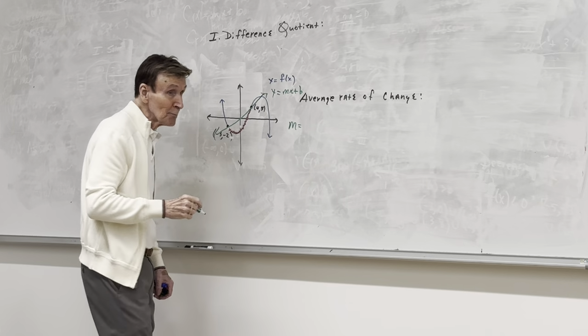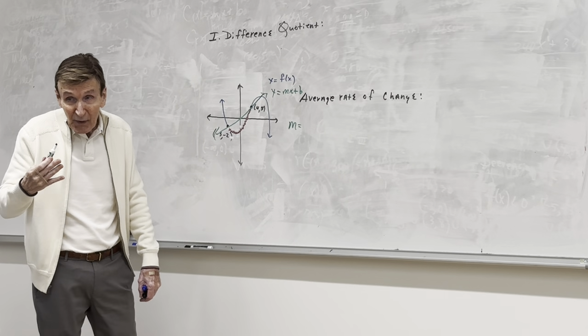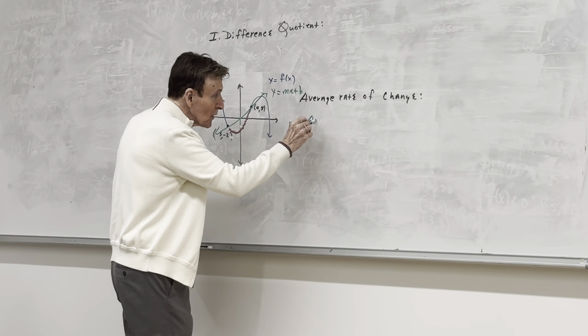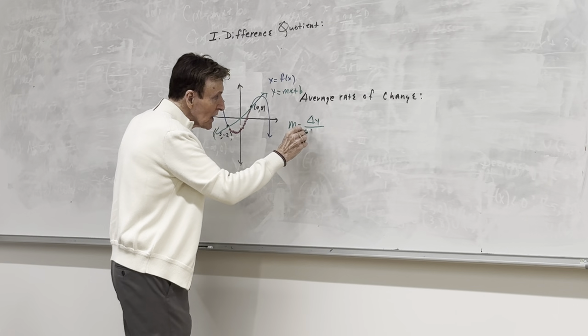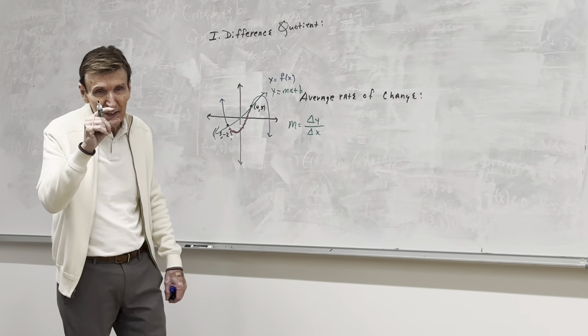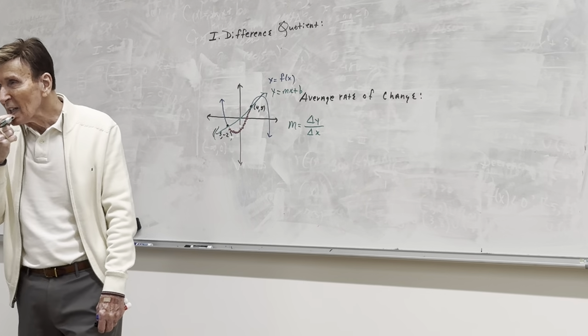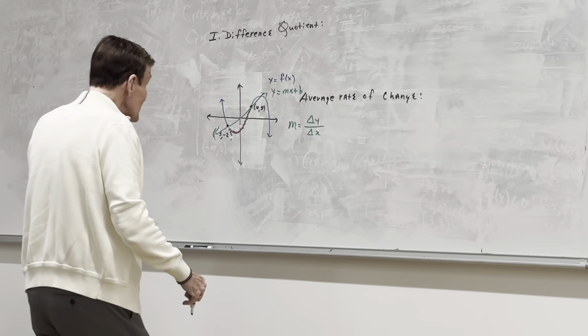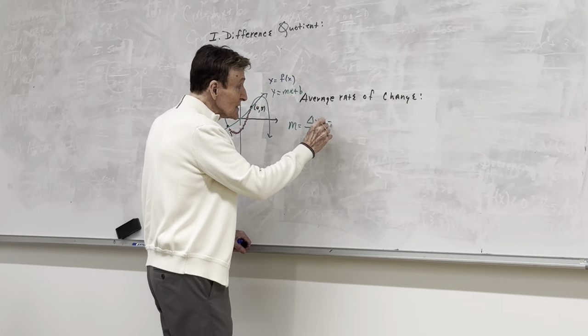Well, the symbol is m for slope. I think of it as this. It's the change in y, they call it delta y, over change in x, delta x. It looks like a little delta from the Greek alphabet. Delta y, change in y, and that letter delta, delta x, change in x. Many students will say, Professor, back in 6th grade, my teacher gave it to me like this.